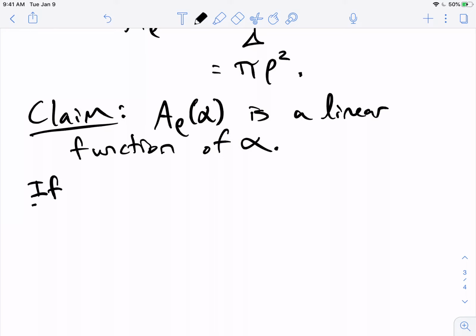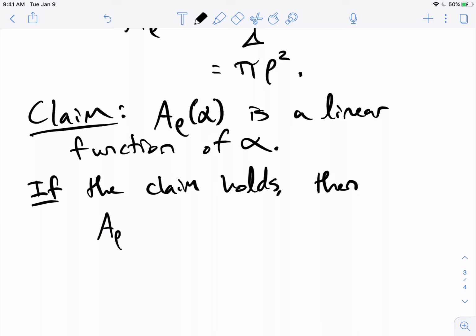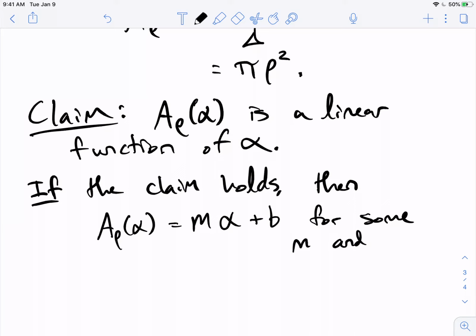So if this is true, then what do we know? Well, if it's a linear function, then we know that it has a certain form. You know, linear functions of the form mx plus b. In this case, our input variable is alpha, so it looks like m alpha plus b for some choice of m and b, some constants.